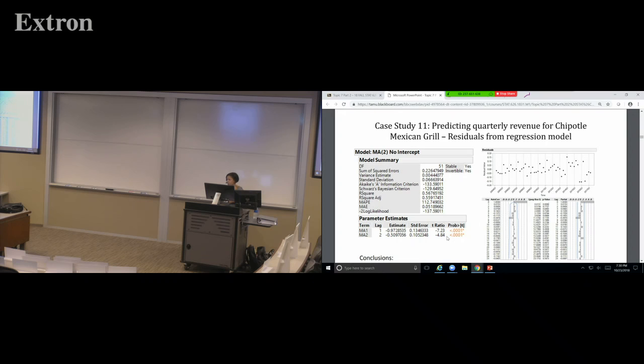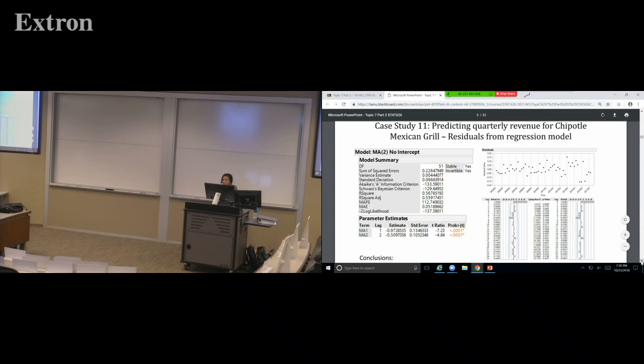Now I feel more comfortable using SAS to actually fit this regression model with a moving average 2 model. The moving average 2 was not one that I just saw in the autocorrelation and partial autocorrelation functions.